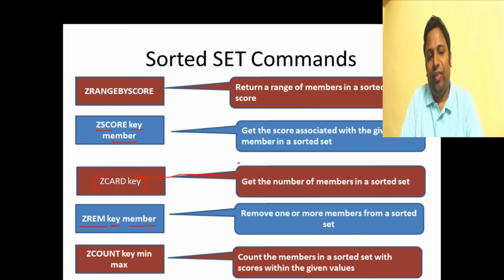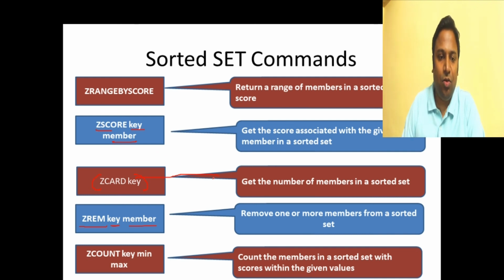Okay, let's look at the final command before we wind up this session. That is ZCOUNT. ZCOUNT just gives me the number of members having a score within a range. For ZCOUNT, we give the key, game1, and the minimum and maximum score. It returns the count of members who fall within the minimum and maximum scores.